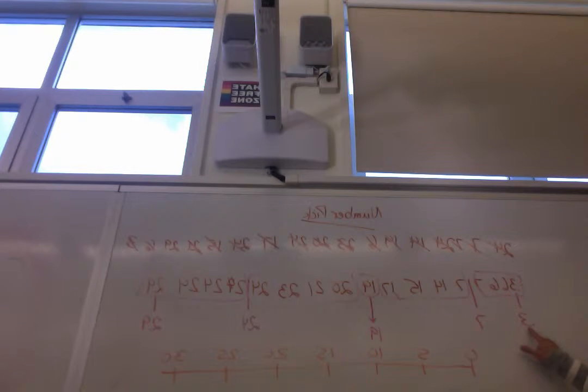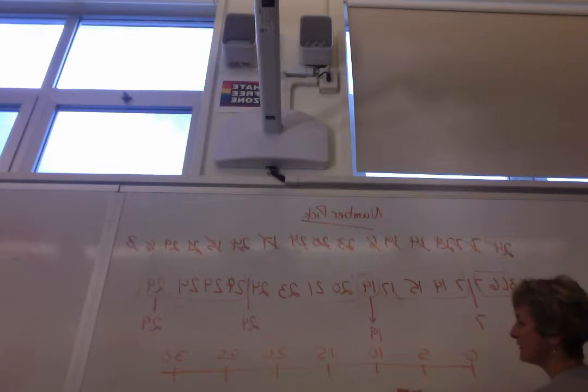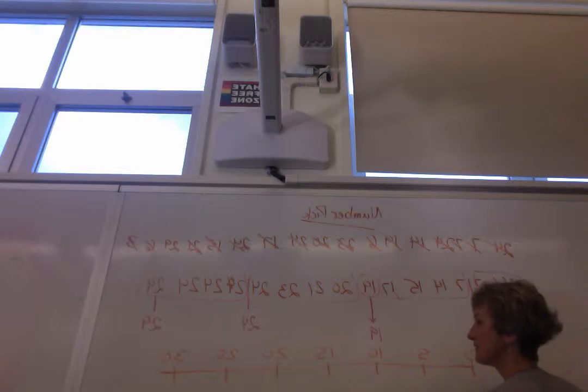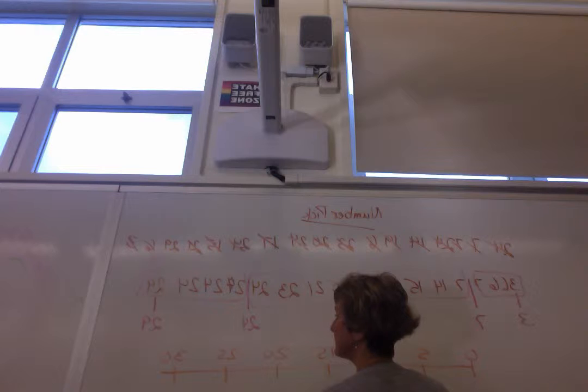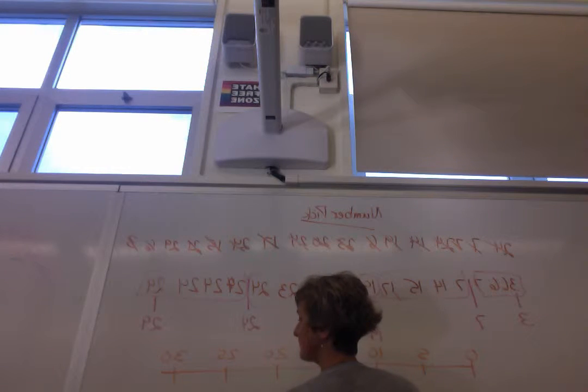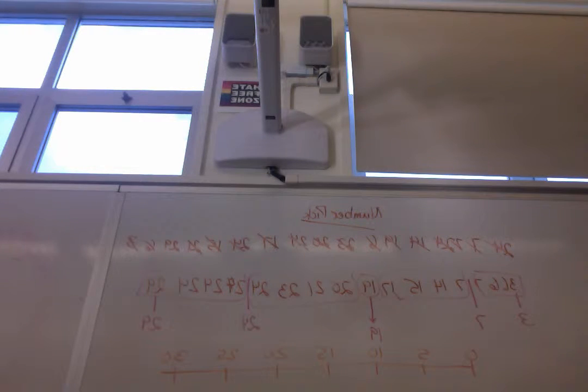Now I got to plot those 5 points. 3, 11. Christian, I got to draw a box.